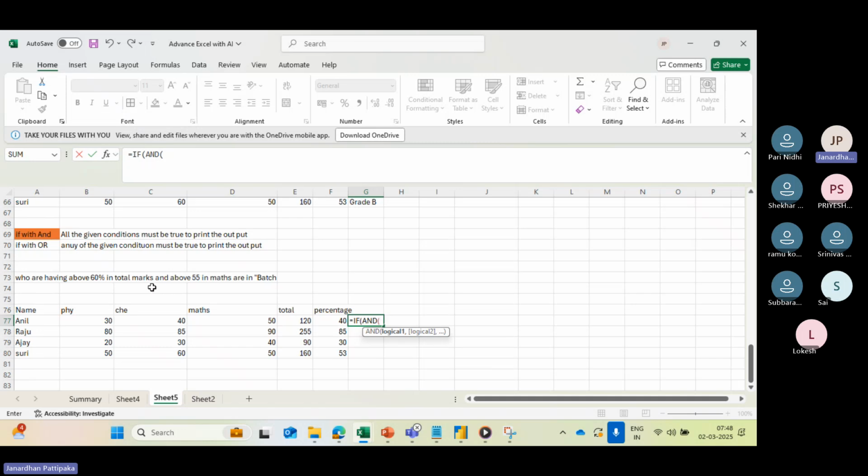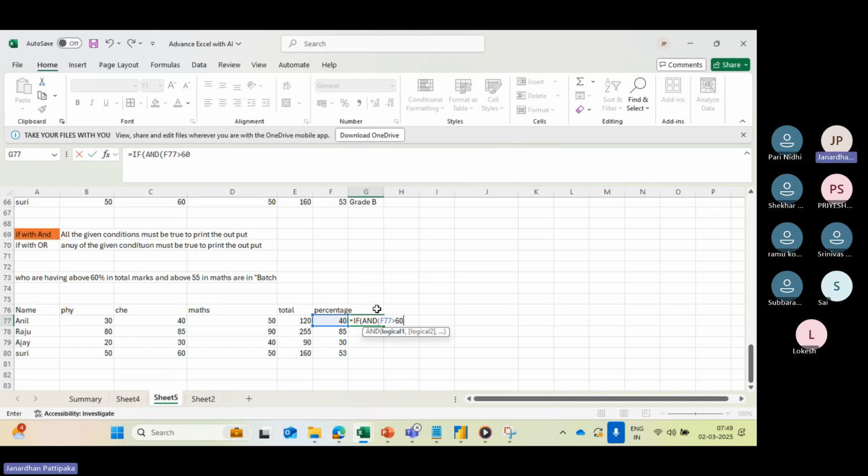The person who has the percentage above 60. So where is the percentage here? This is the percentage, right? This percentage should be above 60. That means greater than 60. You are mentioning above 60, not greater than or equal to. So you mention only the greater than symbol.